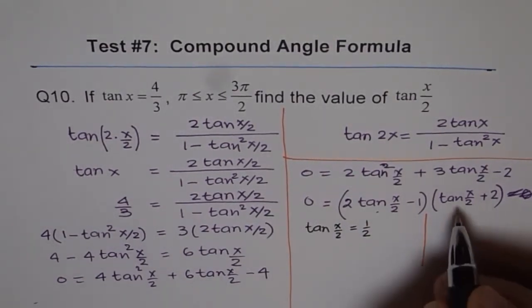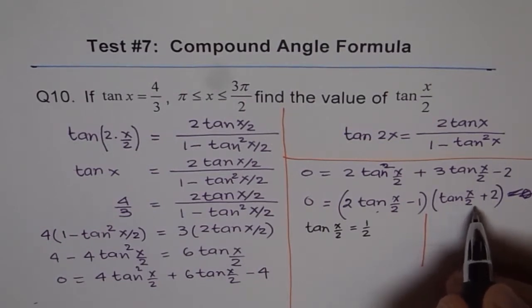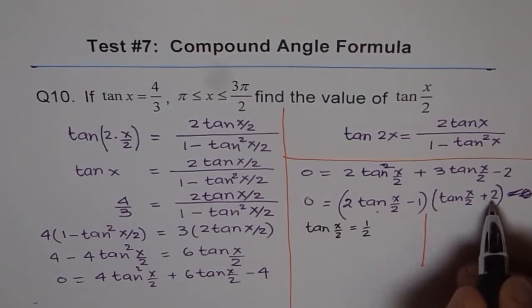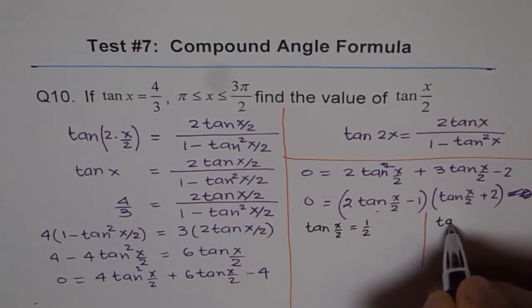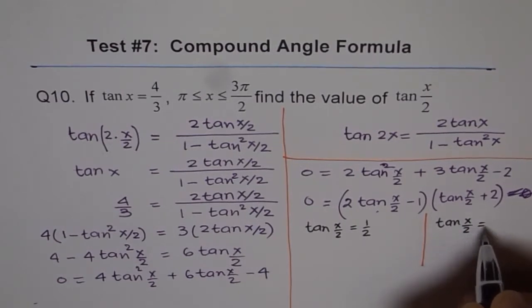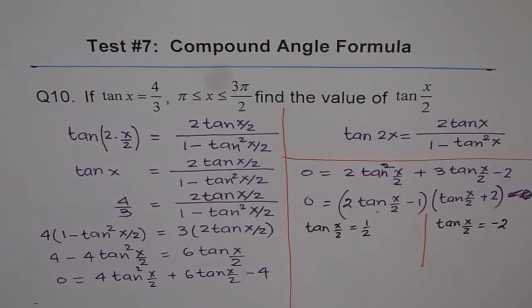Second is tan x by 2 equals minus 2. So the other answer from here is tan x by 2 equals minus 2. These will give you the set of answers which we are looking for.